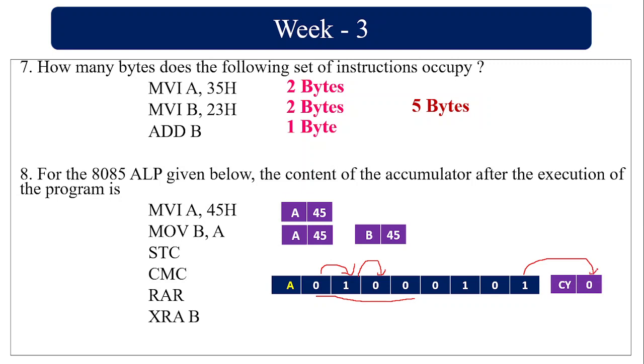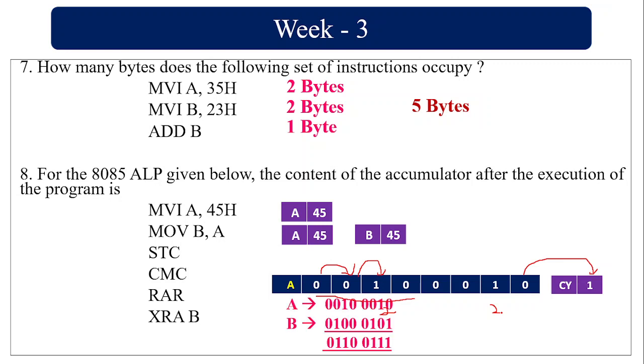If I perform this, I will be moving the values, and the carry value will be moved to the last position. So this is how it will be changed. The accumulator value will be 0010, the value is 2 now, and then 0010, the value is 2 now. So the accumulator content is 22, and I am going to perform the exclusive OR operation with your B content, that is 45.